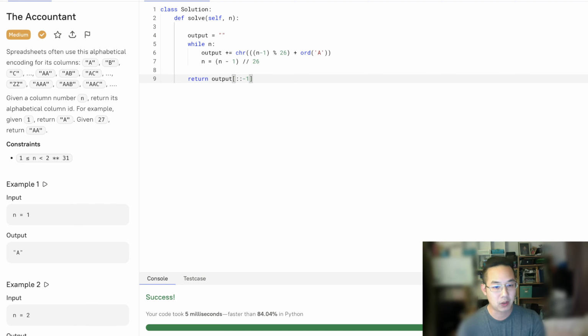The n minus 1 part is very tricky because we're trying to stay within the bound of 26 characters. If we tried 27, what would happen is, what if we got 26? That's not good. So we needed to stay in bound.